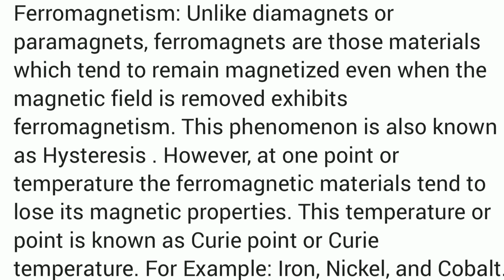So this phenomenon is called ferromagnetism. The best examples of ferromagnetic materials are iron, nickel and cobalt. This phenomenon of not losing its magnetic properties even when the external magnetic field is removed is called hysteresis.